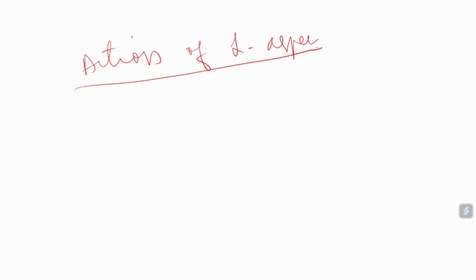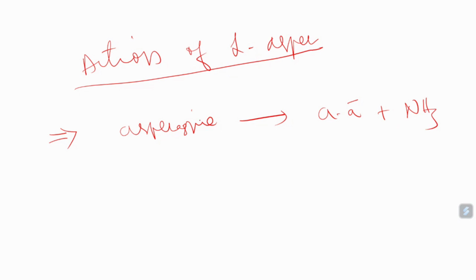Let me tell you the simple action of L-asparaginase. The main action of this L-asparaginase is that it converts the asparagine amino acid into aspartic acid plus ammonia. This is the conversion of this amino acid. But in the absence of this L-asparaginase, what happens? This asparagine amino acid is converted into acrylamide, which is the carcinogenic agent.